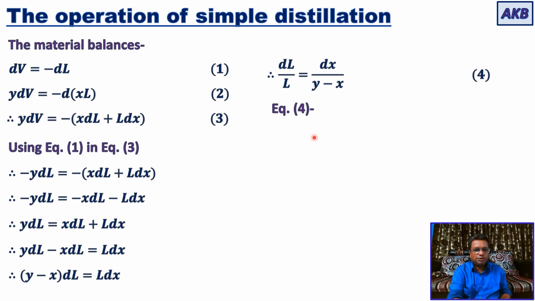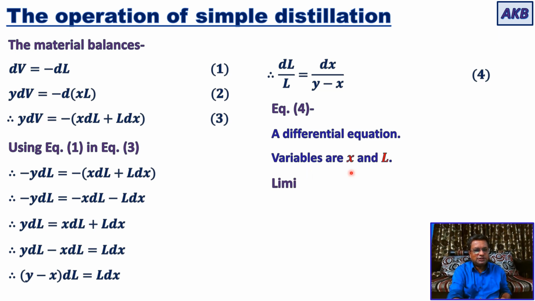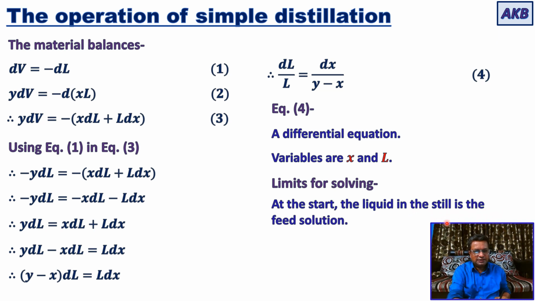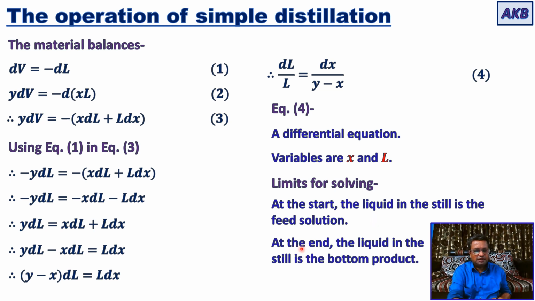Okay, so what can you say about equation number 4? Equation number 4 is a differential equation. What are the variables? Variables are x and L. What are the limits? Let us understand, in order to solve this. At the start, when t is equal to 0, the liquid in the still is the feed solution, and when the operation ends, the liquid in the still is the bottom product.